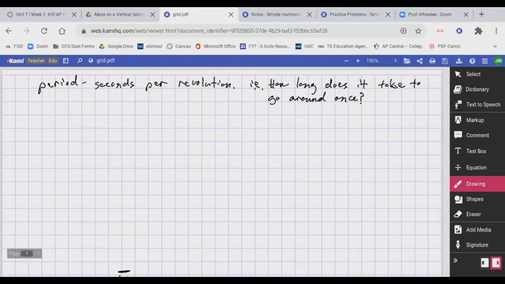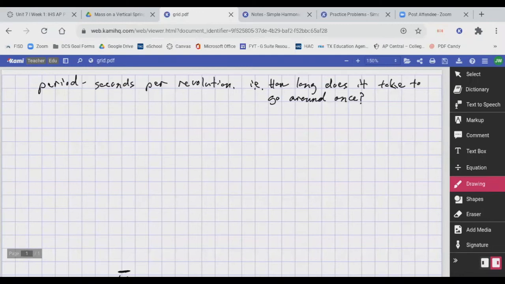It's done its full rotation and it's ready to repeat. That is a period. And it's the seconds it takes to do one time around, okay? A period is seconds per revolution, or seconds for one cycle, however you want to think about it.